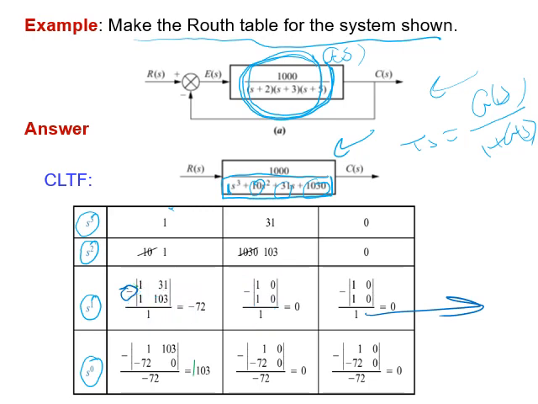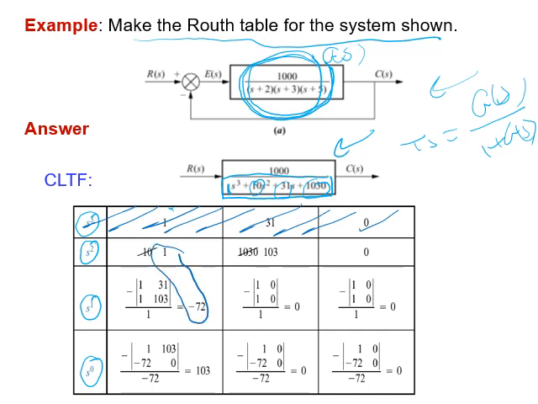Now let us go to the following row. In the following row, we are going to do the same thing, but keeping in mind that we are going to eliminate this row. This row is not needed anymore for the table. So I'm going to take this column with this column divided by this item, all minus, all divided by minus 72.